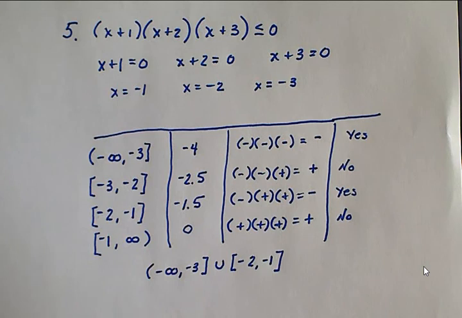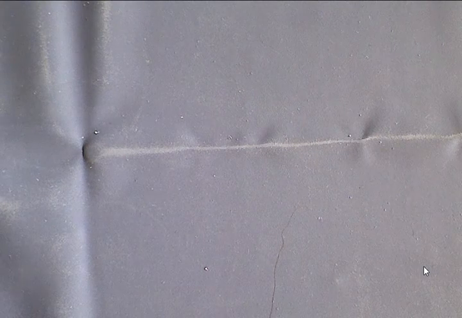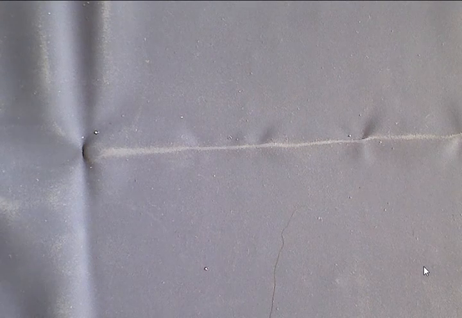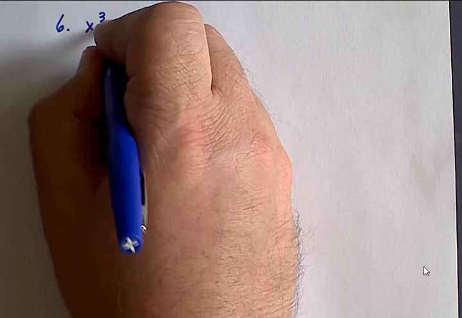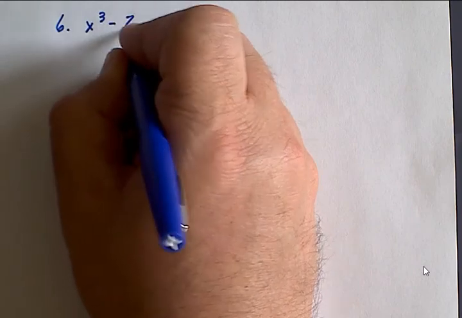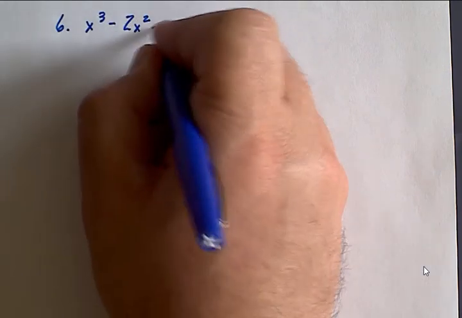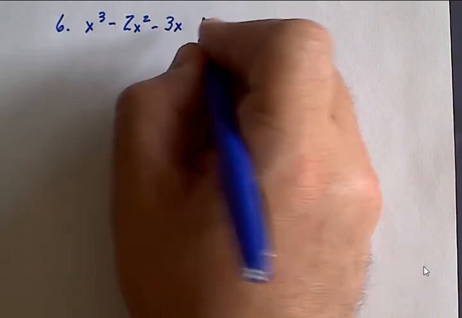Okay, on number 6, I want to set that one up with you here, and then I'll kind of let you finish it. On number 6, this is another one that you need to worry about factoring first. So with this problem, I know that x to the third minus 2x to the second minus 3x is greater than 0.